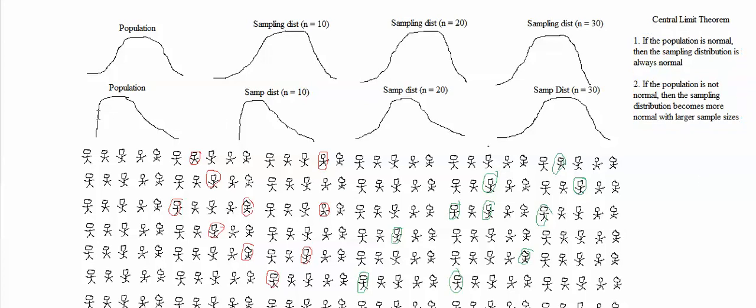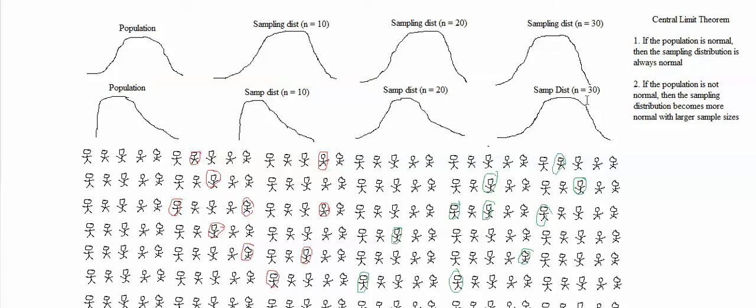And I said that if you have a skewed population and you sort the population into all possible samples of 30 people, and you calculate the mean of each of those samples, and you create a histogram of the possible samples, the histogram of the possible samples will be roughly normal, even though the population is skewed.